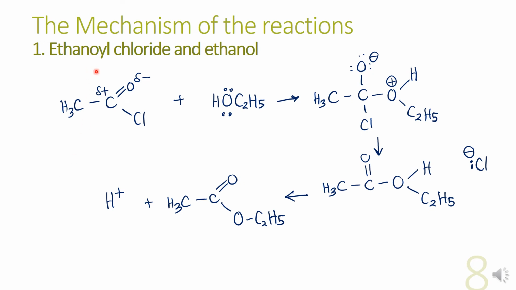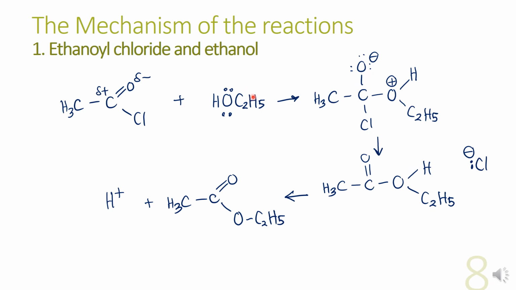Alright, next, we move to the other type of mechanism, when ethanoyl chloride, the same starting material, reacts with a slightly stronger nucleophile such as ethanol. You can see all of the process is already written here, but like before, it's missing the arrows, so it's not yet a complete story.